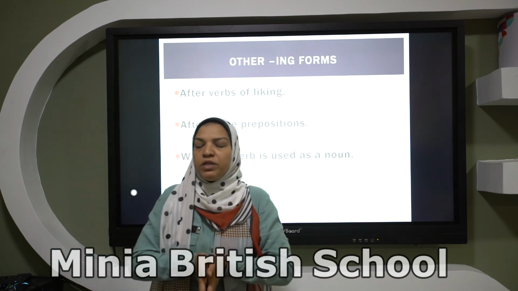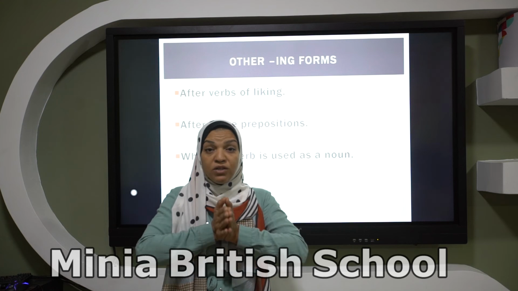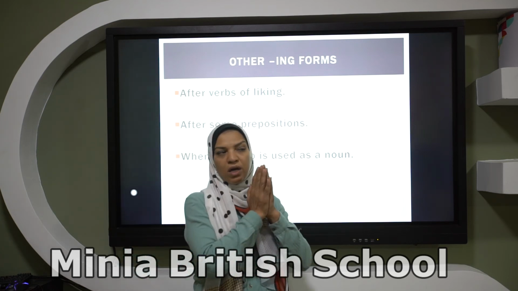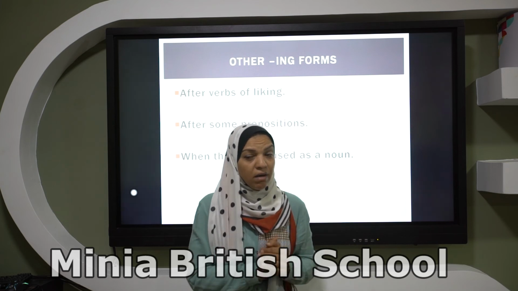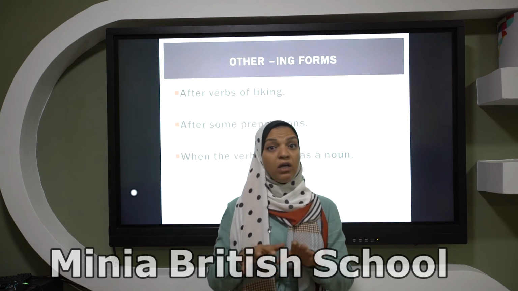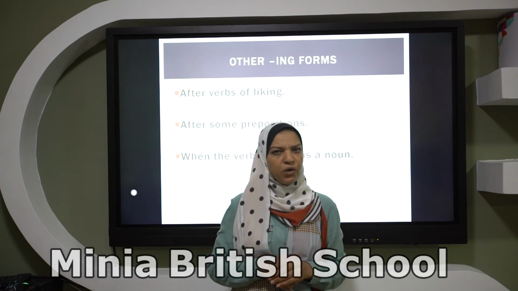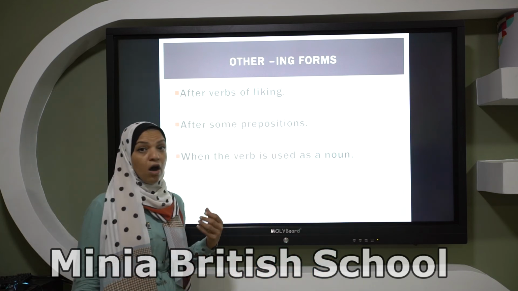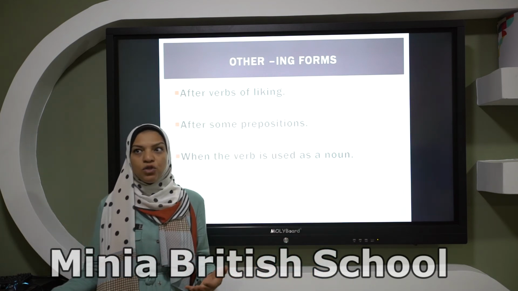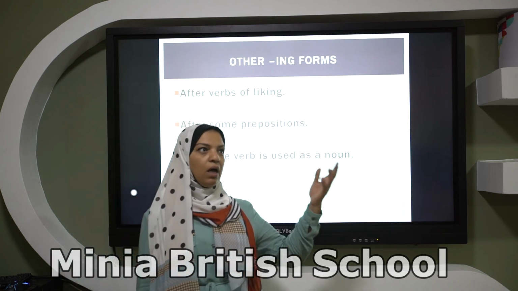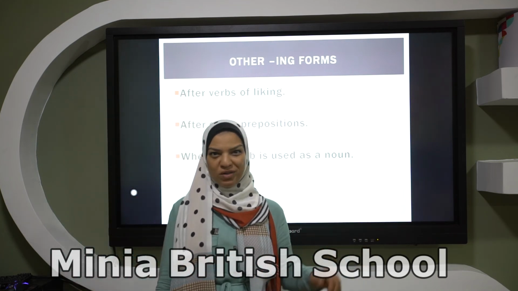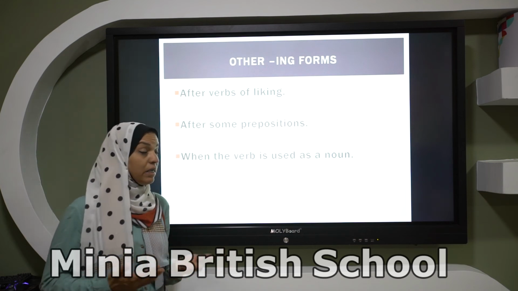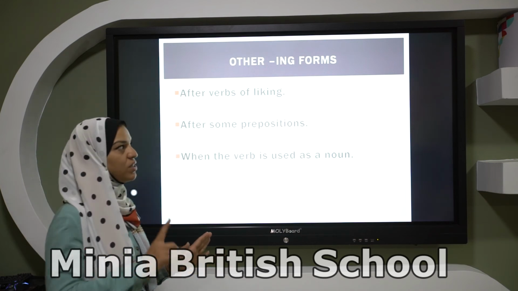It's when you say, for example, I like playing chess, or I adore watching Adele singing. For example, when you say, I love watching scary movies. So these are the preference verbs. I prefer eating sushi to eating kosher, for example. So with the preference or liking verbs, in this case you can use the gerund form of the verb.